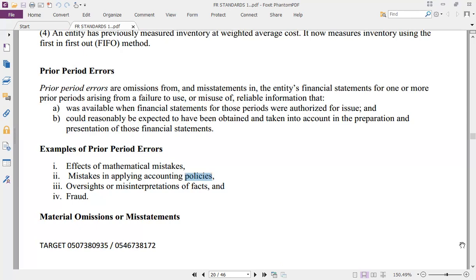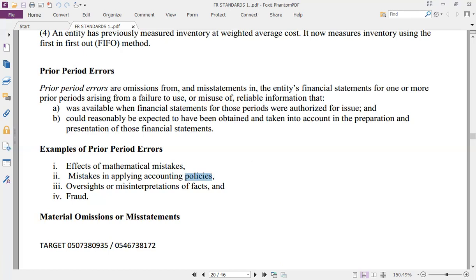Because we are going to correct the error as if it has never occurred, which is the retrospective restatement, we have to bring the opening balance of the retained earnings and then adjust it or correct it with the effects of the error.